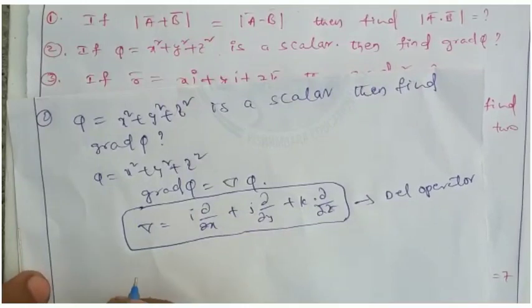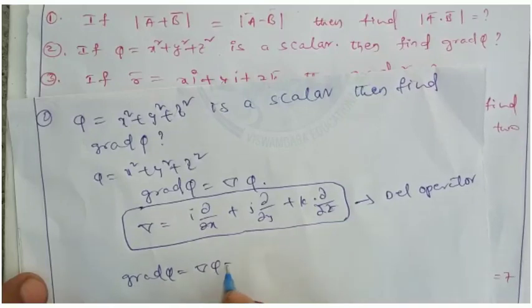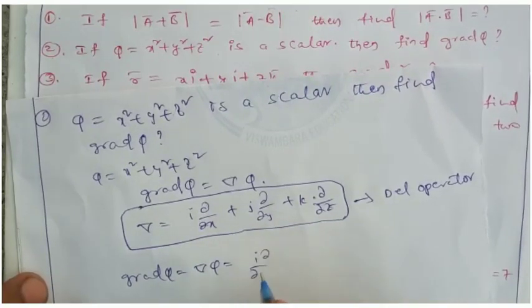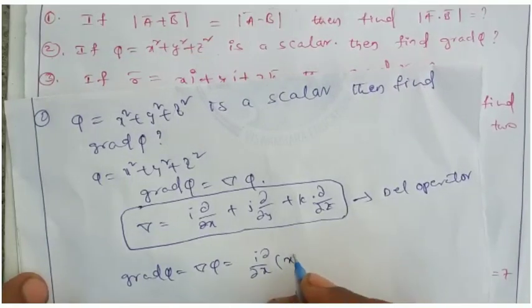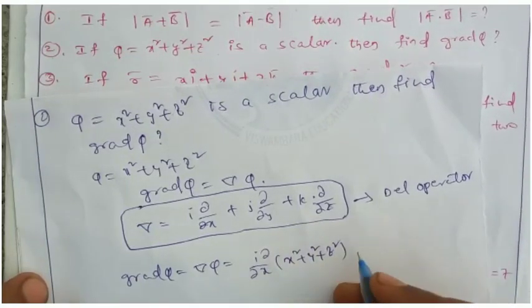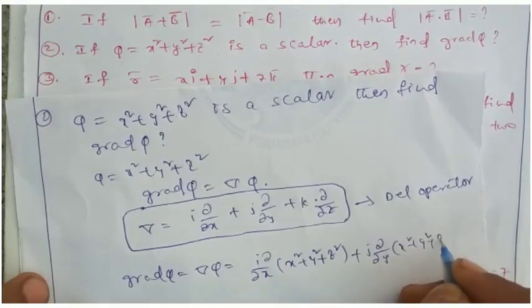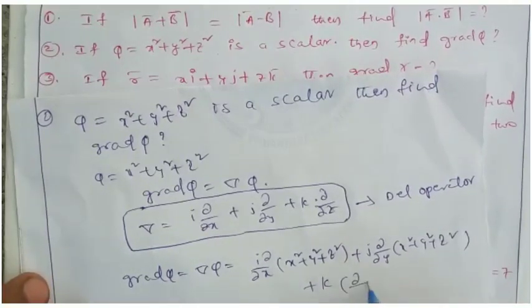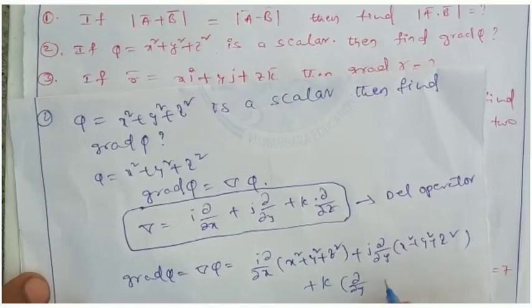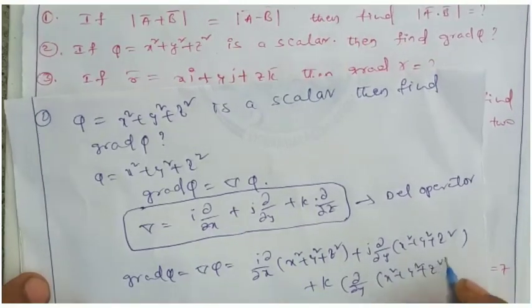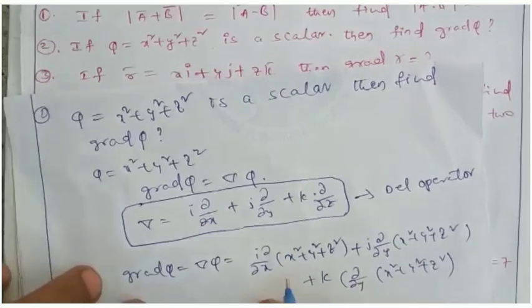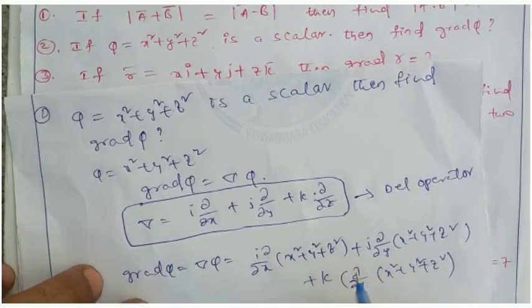So applying the del operator, we get grad phi is equal to del phi is equal to i into dou by dou x of x square plus y square plus z square, plus j into dou by dou y of x square plus y square plus z square, plus k into dou by dou z of x square plus y square plus z square. We are differentiating partially with respect to x, that means y square and z square are constant, all other terms in y and z are constant.